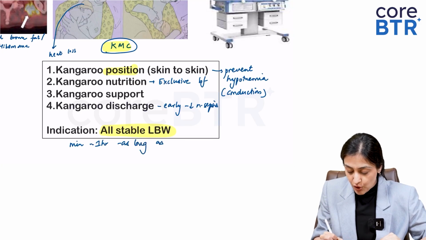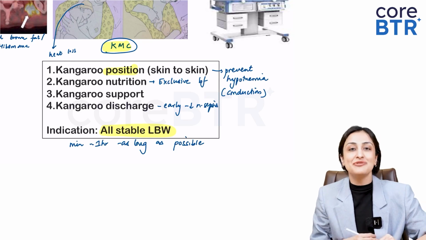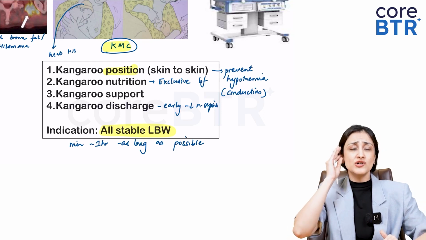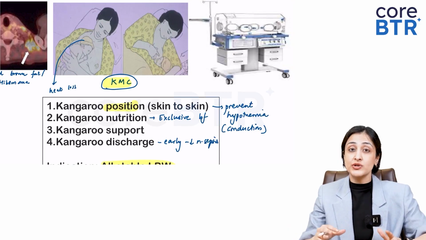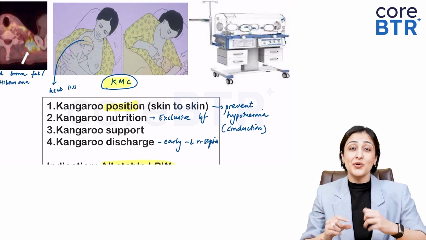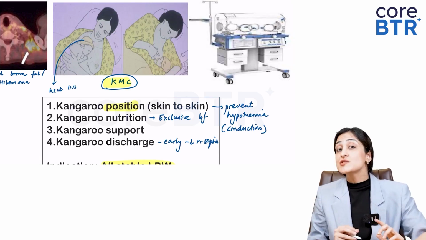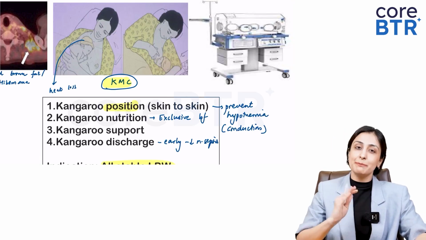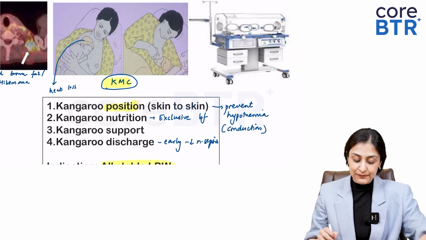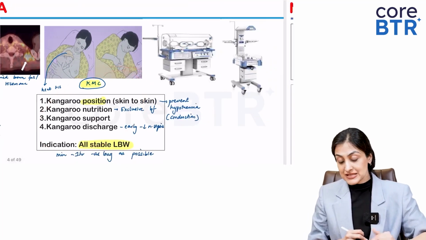How long to continue kangaroo mother care is not something you will decide, the baby will decide. When the baby no longer stays in this position, is fussy, crawling out itself, right, it will not crawl out, but at least will try to, that is when baby no longer needs kangaroo mother care. So when to stop, baby itself will decide. Okay, so this is about KMC.